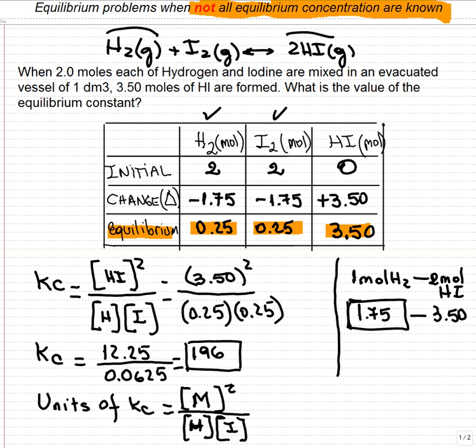So, oh, I'm sorry, I was putting molarity here, and I'm going to put the same here. Concentration will be molarity here too. So it's molarity squared and molarity squared, so in this case it's going to be none. There are no units. Okay, and that happens every single time that we have the same amount of moles in both sides of the equation. I hope you understood better and you can do the problems.